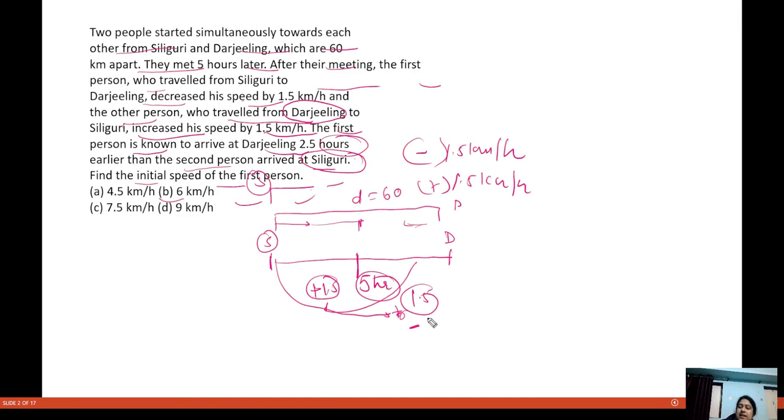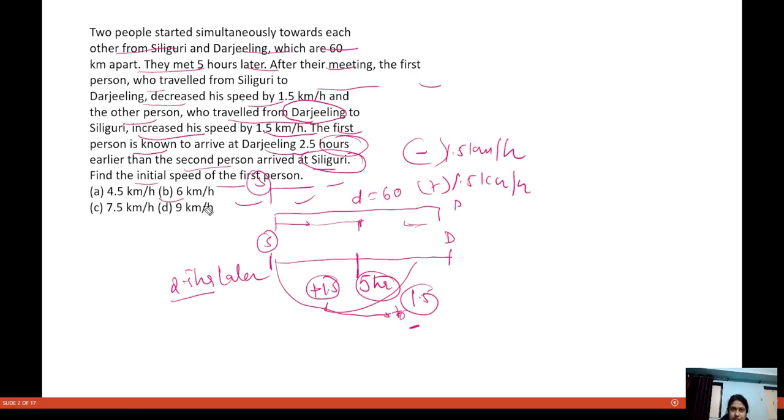Even so, the person traveling from Darjeeling reaches 2.5 hours later, because the first one is reaching 2.5 hours earlier. So let us now solve this question.